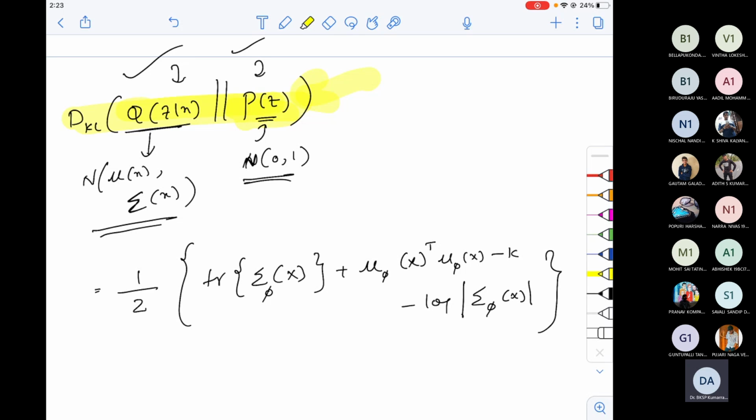Now that was converted to one normal probability, which is already known to us. We assume that it's not a standard normal distribution. If you search on the internet, you get this KL divergence between two normal distributions. If you want to find the distance between two normal distributions, this is the equation.